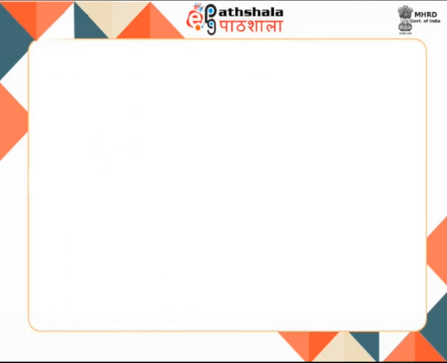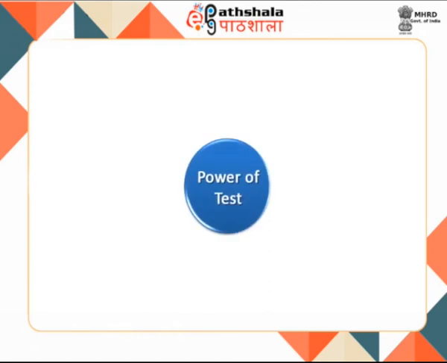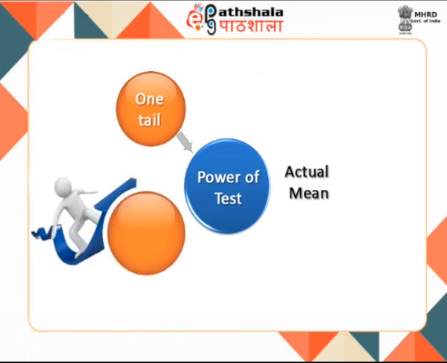To these three factors, the value of the power of a test is also affected by the use of a one-tailed rather than a two-tailed test. It has been observed that the power of a one-tailed test increases sharply and approaches 100% for situations in which the actual mean really exceeds the hypothesized mean.